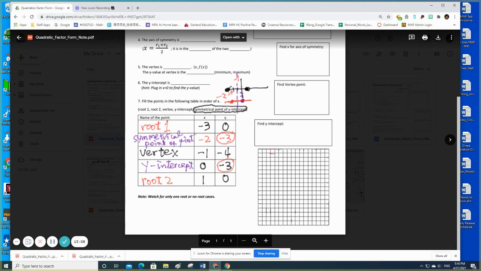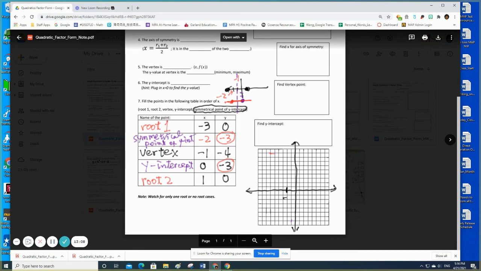We can draw our quadratic now. The quadratic is this way. You can make a y-axis and you make an x-axis and go ahead making the marks.